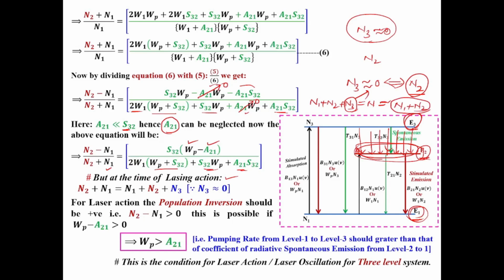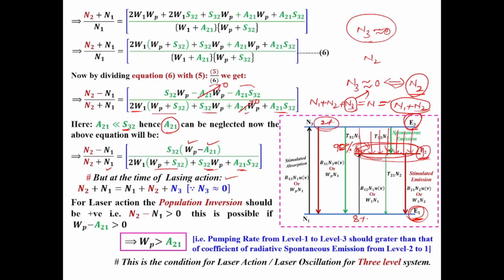That means at that time we expect that, roughly, suppose 90 percent of atoms will be here in E2, around 8 percent of atoms will be here at E1, and only 2 percent of atoms will be at E3.